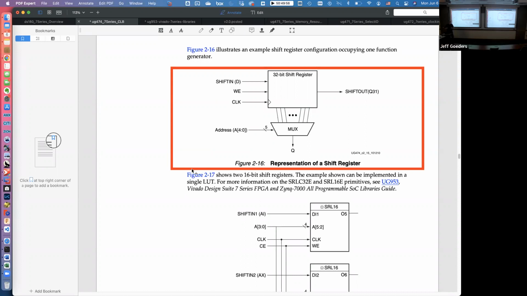Now, in 220, we often said, go read the synthesis report. In fact, we made you go read the synthesis report and tell us what the circuit used. When you start using these kinds of features, you ask, did I code it in a way the synthesizer recognized as a shift register?